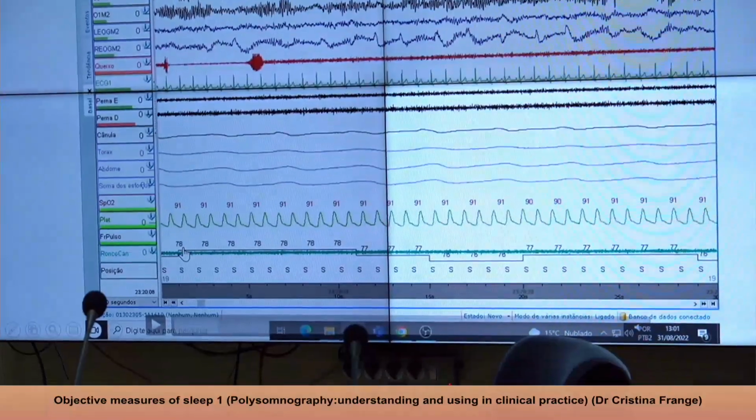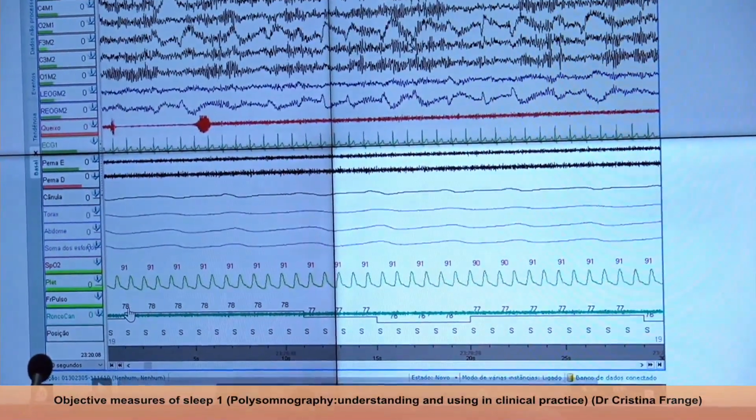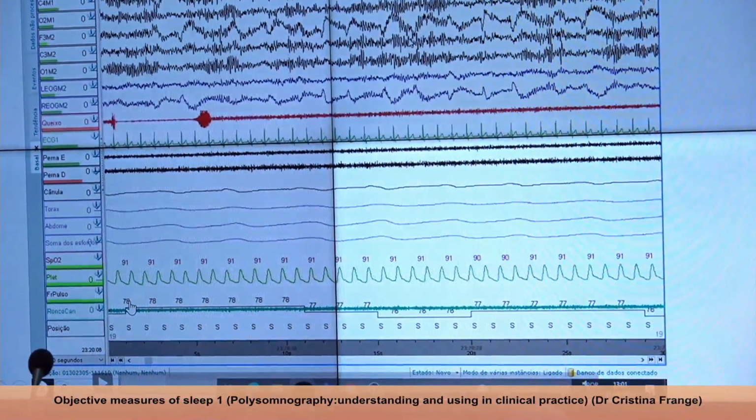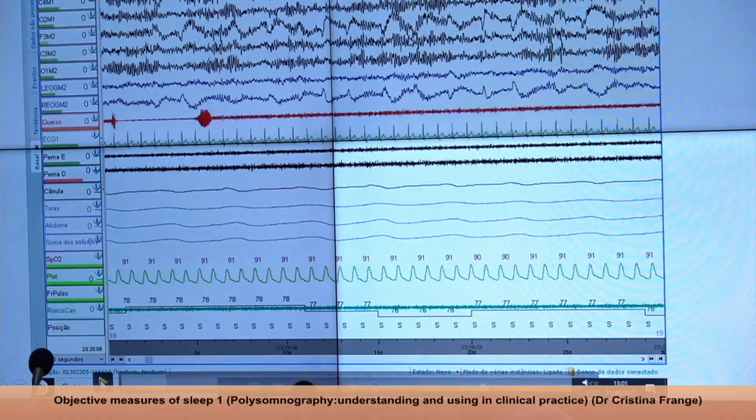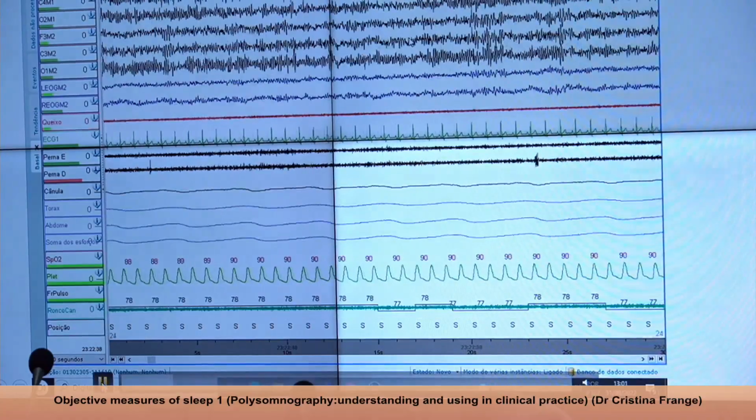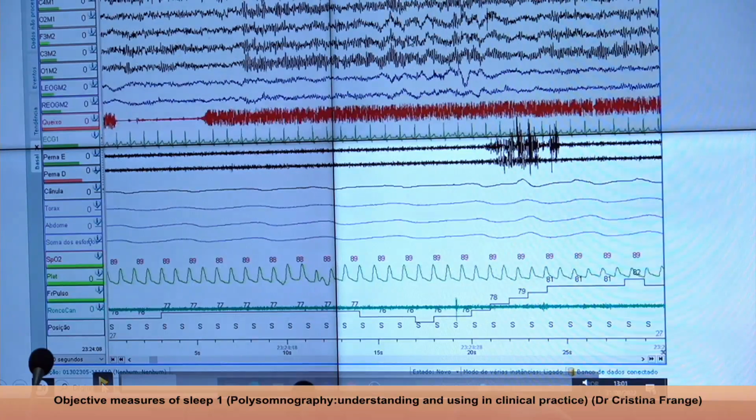Here we have the pulse. And in blue here, we have the snoring. Okay, this blue line here shows no snoring now. In here, body position. S stands for supine. Okay? So we see how this changes during the night.